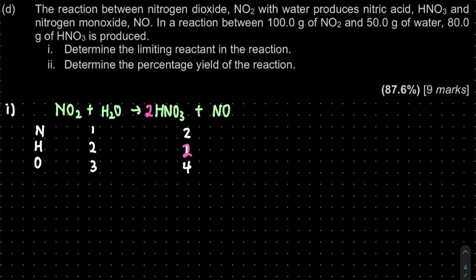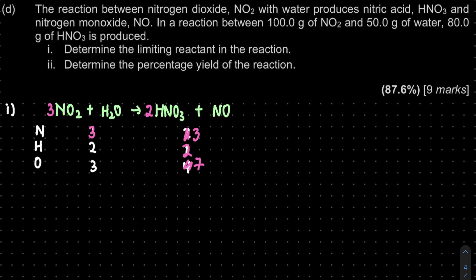Right now my nitrogen is not 2. My nitrogen will become 2 plus 1, so here will become 3. My oxygen is 3 times 2, 6, plus 1, it will become 7. Next I'm going to balance my nitrogen. Since my nitrogen on the product side is 3, this one must be 3, so this becomes 3.